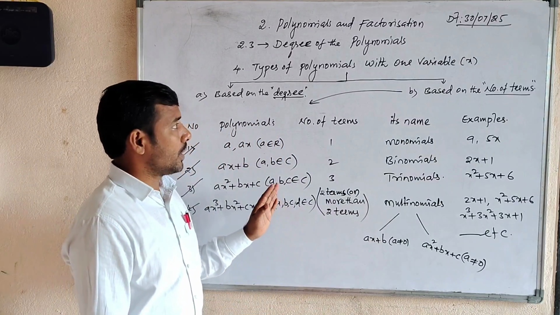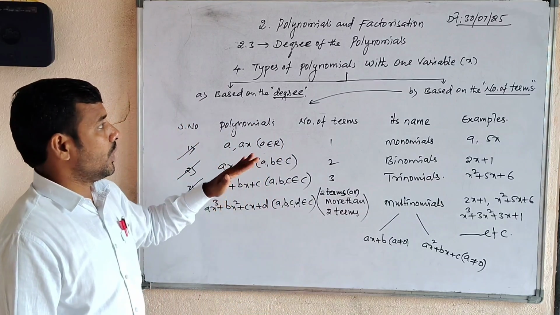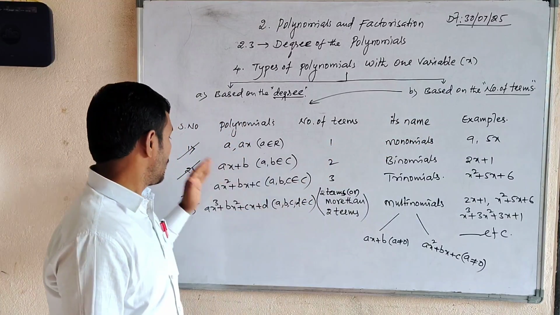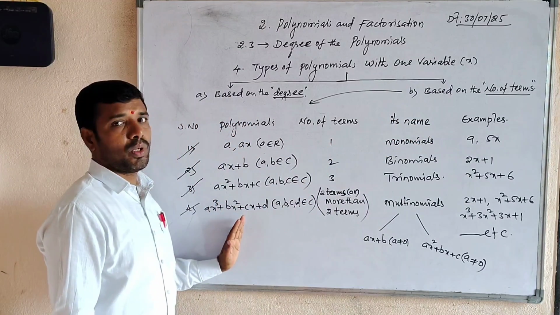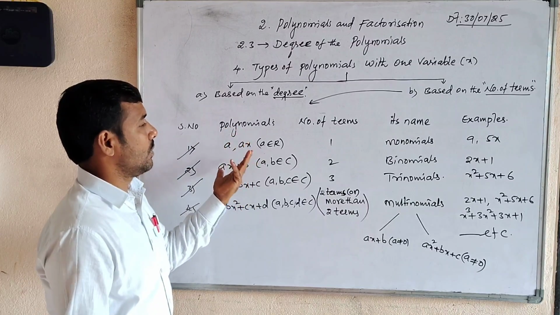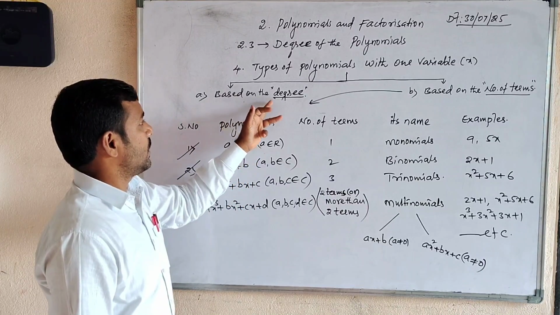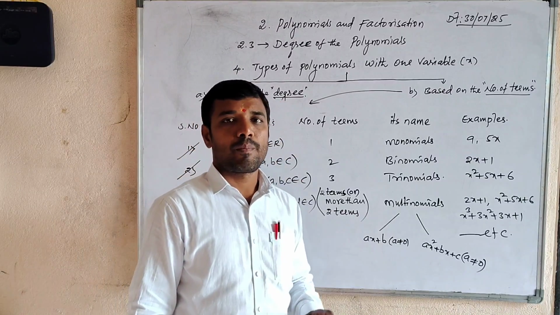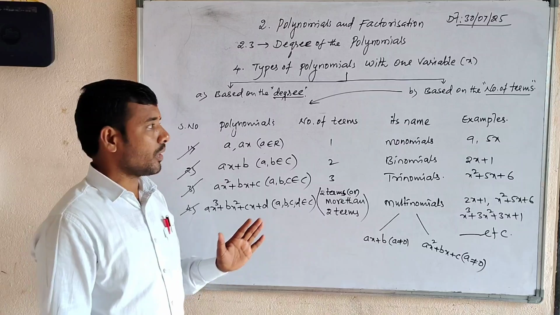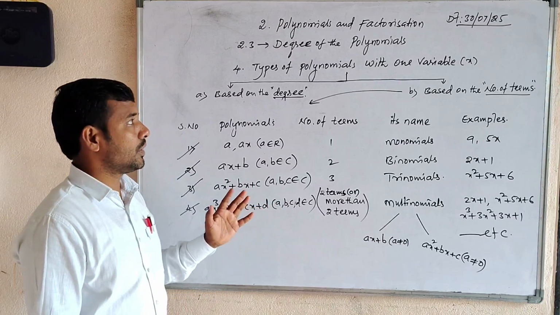I think almost we have discussed, based on the number of terms, a few types of polynomials. Just now we discussed, based on the degree, a few more types of polynomials. I think there is no doubt.